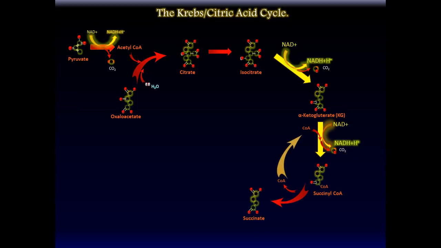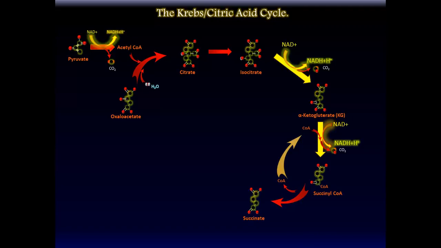Succinyl-CoA is then converted to succinate, and the coenzyme A is released so it can go back and help some more. This process generates a high energy compound, GTP, which is like ATP, and this helps generate one molecule of ATP. So GDP is converted to GTP, and GTP can generate an ATP.